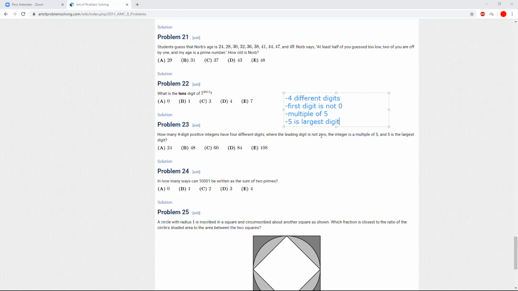Okay, it looks like a lot of people have finished, so I think I can start going over the solution now and how I would have solved this question.